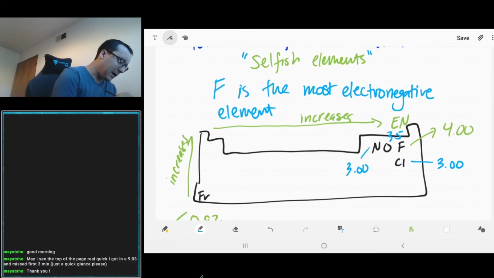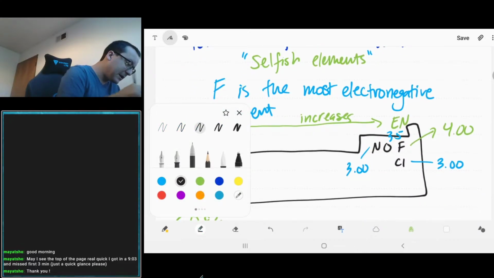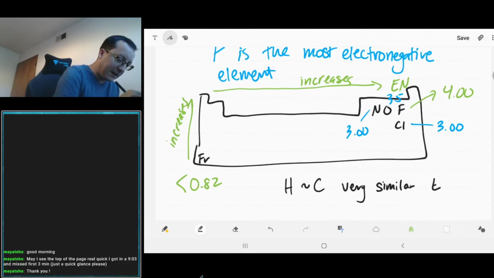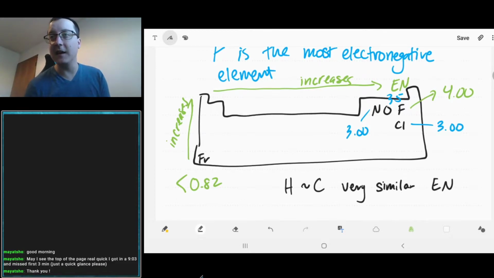Okay. One thing to note, that hydrogen and carbon are very similar in electronegativity. We're going to see that's going to be important later.